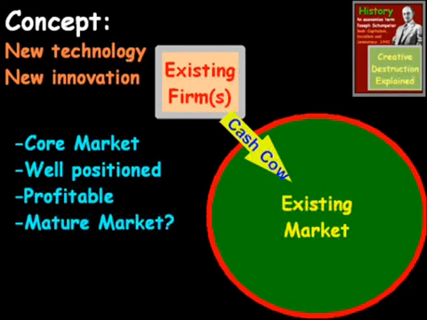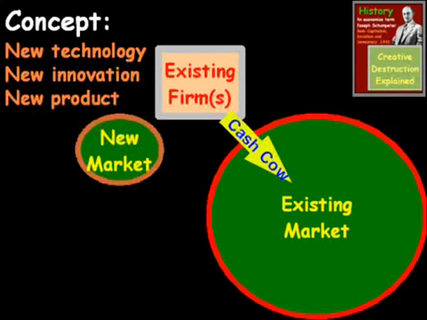All of a sudden a new technology or new innovation or even a new product comes along, and that creates a new market. However, if you look at this picture, you'll notice the existing market is a lot bigger than the new market.